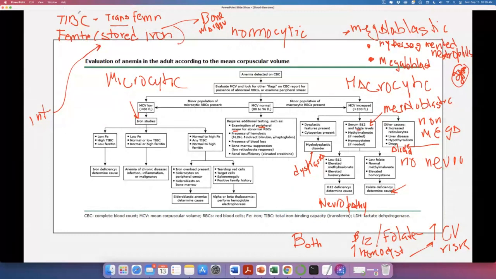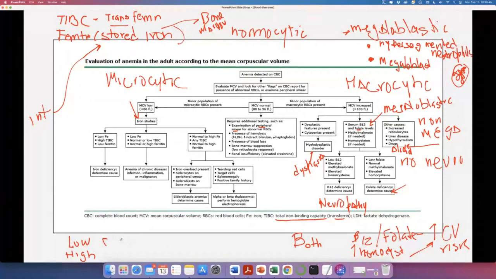Now, what is the meaning of TIBC? I think you have it here: total iron binding capacity. It is an indirect measure of the protein transferrin. If we have a low total iron binding capacity or a high iron binding capacity, that has different meanings.